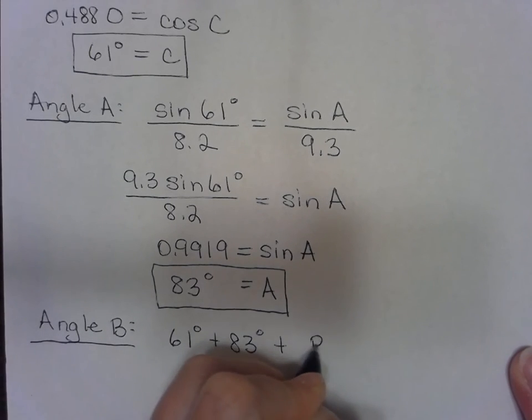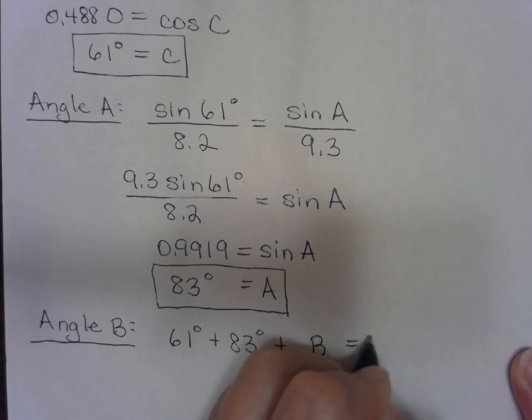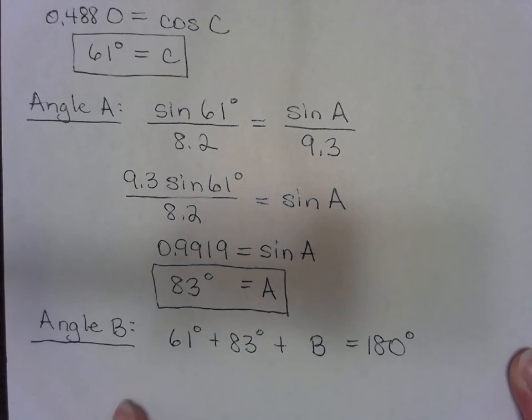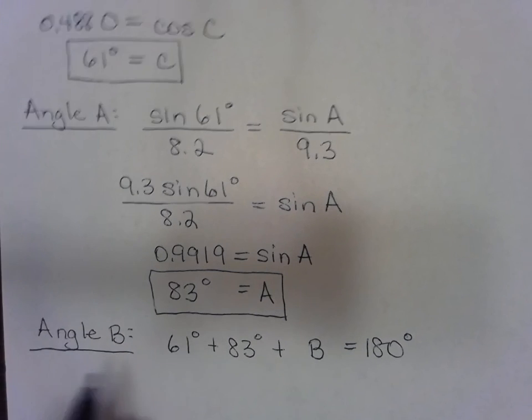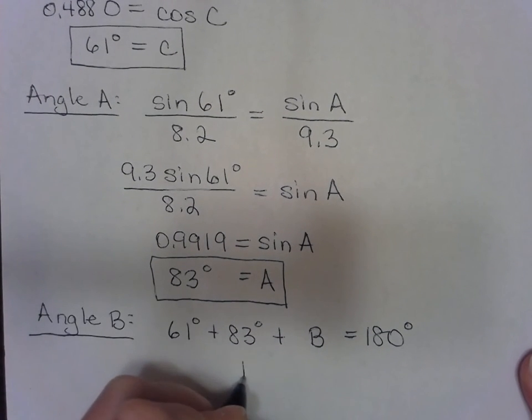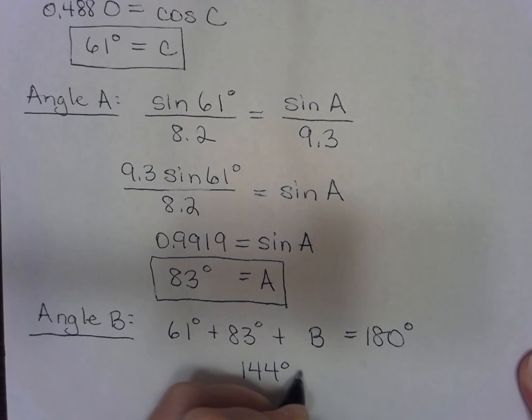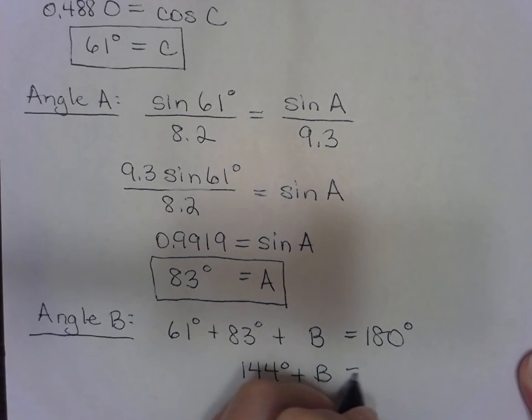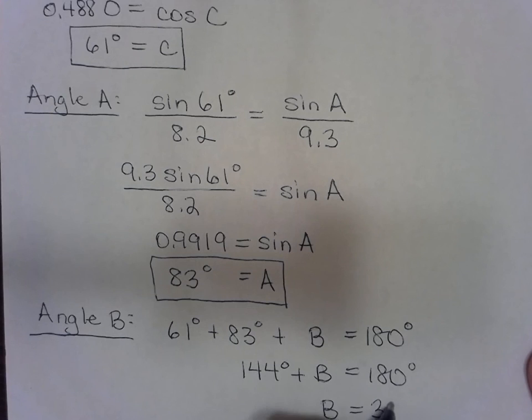We're missing angle B. So this would be 144. And if I subtract that over, it's going to give me 36 degrees.